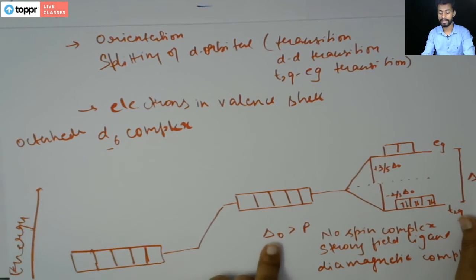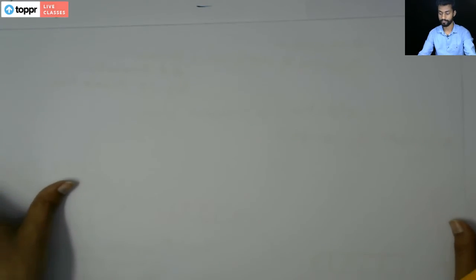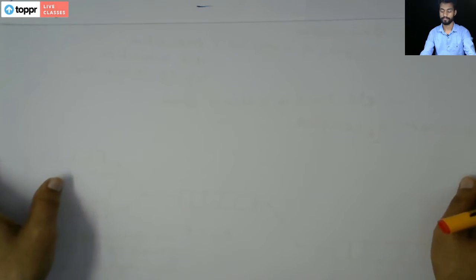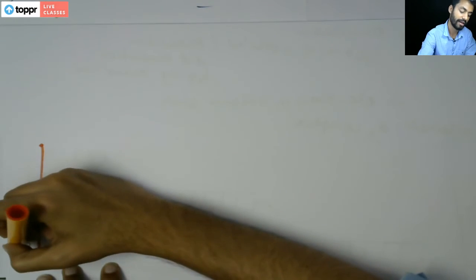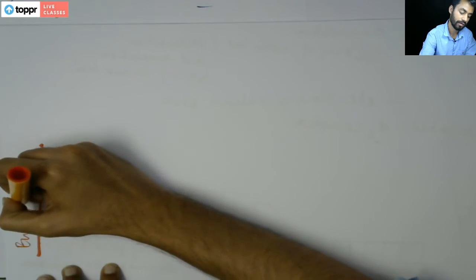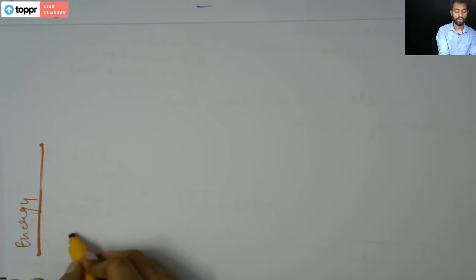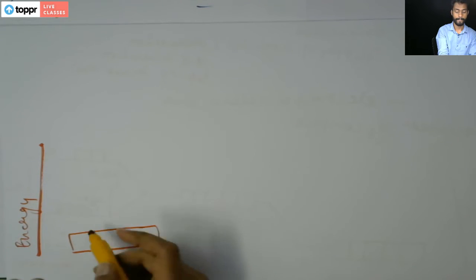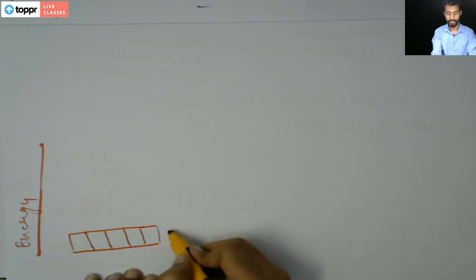Now we will see for delta O less than pairing energy. Again, I am redrawing the diagram. All the d orbitals, five d orbitals I have drawn.